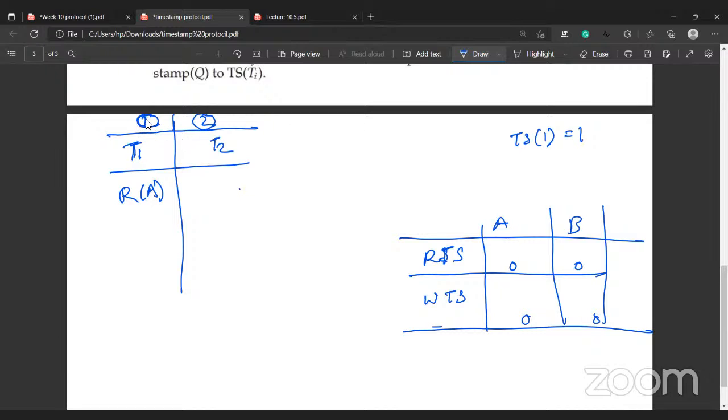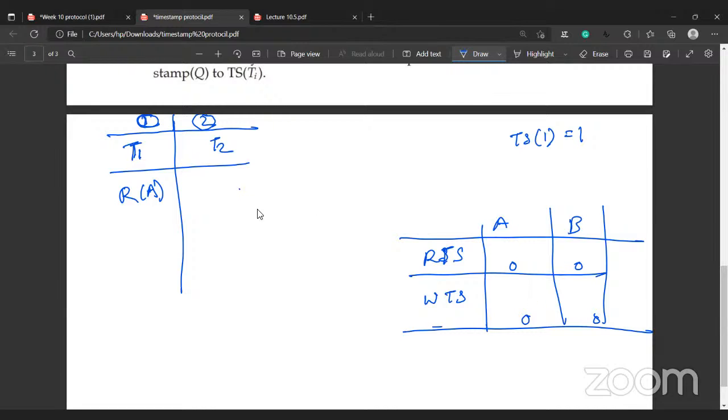Initially the transaction timestamps and the read timestamps are different, right? Transaction timestamps are assigned by the system as unique timestamps, and the read timestamps are initially all set to 0 because no transaction has read or written the data item. So initially all the read timestamps and write timestamps are set to 0.